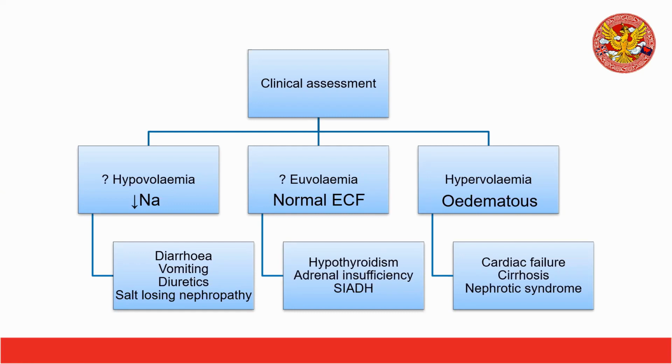In terms of the different causes of each kind of hyponatremia, for a hypovolemic hyponatremia, what you're worried about is loss of sodium through diarrhea, vomiting, or diuretics. So you're losing the sodium, the water follows the sodium, and essentially you get low sodium, and you've lost the water as well, so you're hypovolemic.